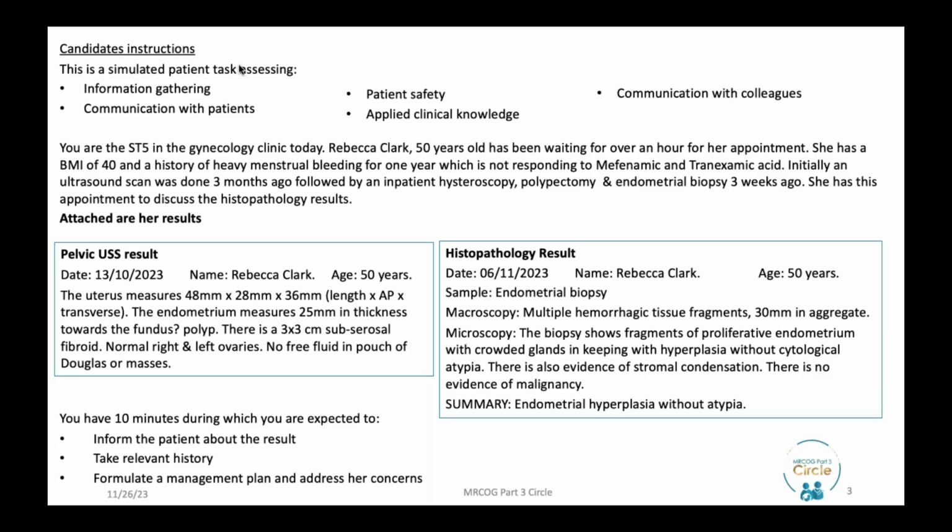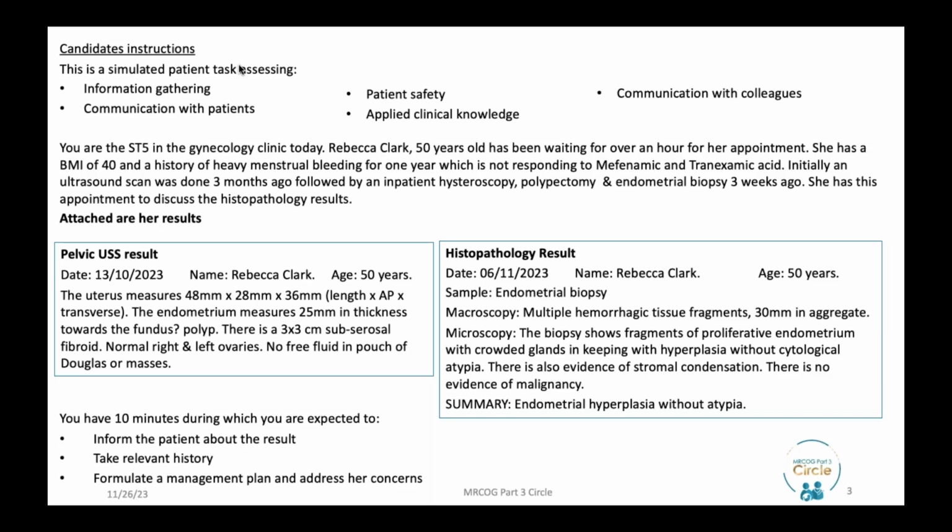Our third domain is patient safety, which is basically the most important domain in the exam, and it's the most important domain in our clinical practice, because at the end, the patient is coming to you for treatment. You want to ensure that you are giving the right treatment for the right patient. That's under safety. You want to ensure that you are giving her treatment or option that is safe for her and not risking her safety.